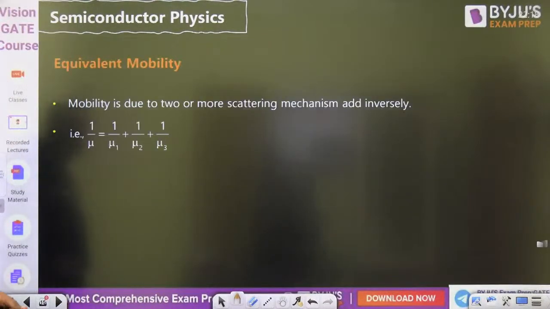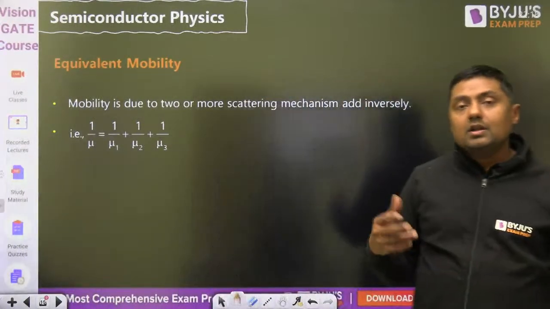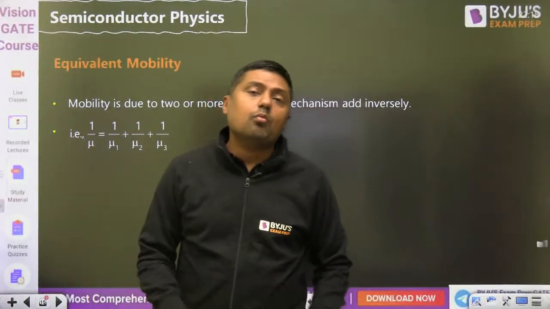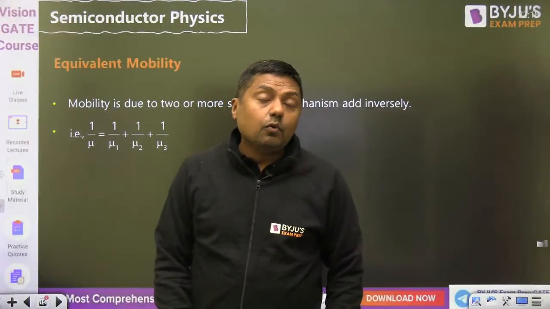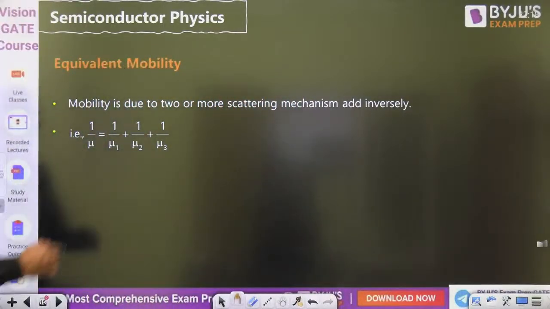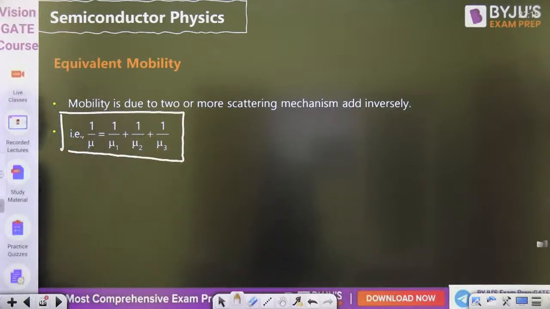Suppose we have a number of scattering mechanisms like impurity scattering, lattice scattering or any other defect, because of which there is a change in the mobility. Then what is the overall mobility? That is given by this formula: 1 by mu is equal to 1 by mu1 plus 1 by mu2 plus 1 by mu3.